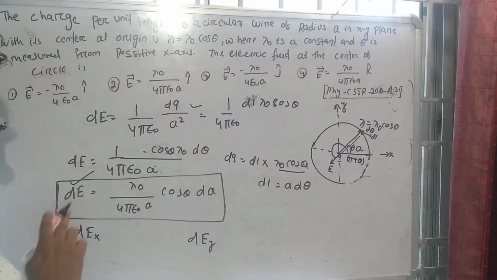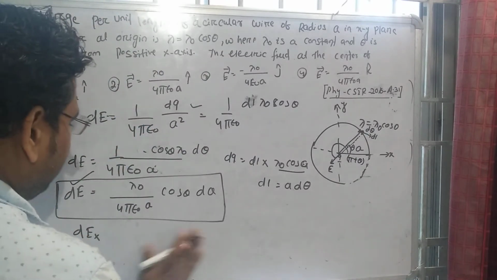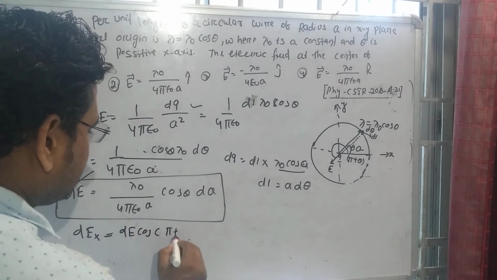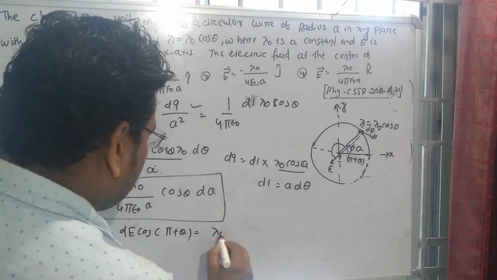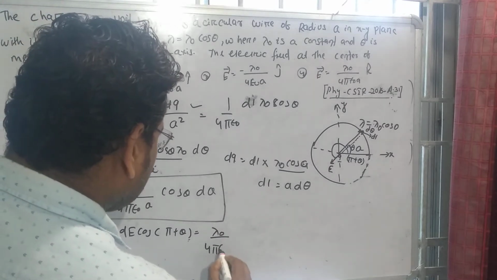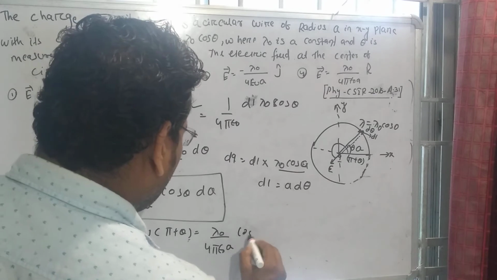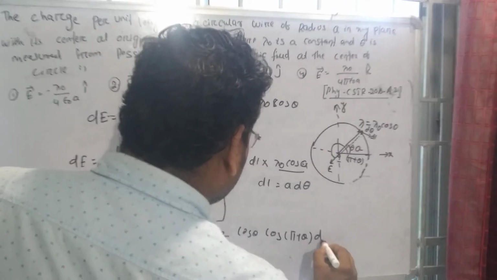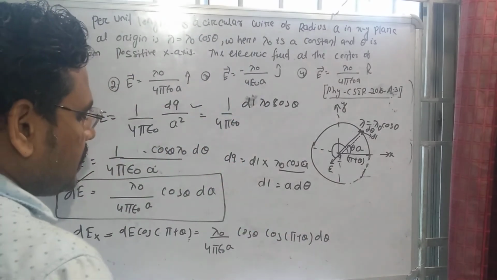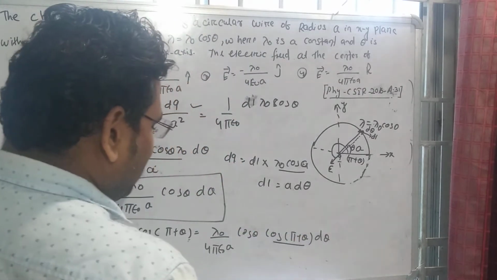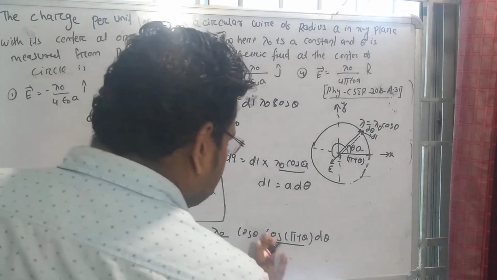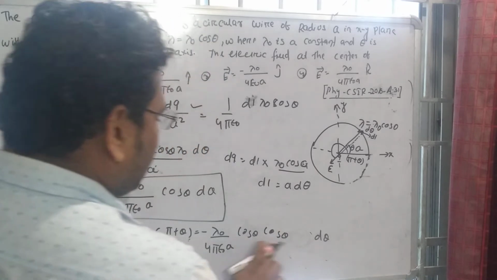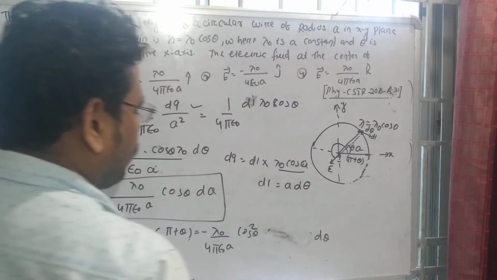So the x component of the electric field will be dE cos(pi plus theta), which is nothing but lambda 0 by 4 pi epsilon 0 a times cos theta cos(pi plus theta) d theta. And we know that cos(pi plus theta) is minus cos theta, so it becomes cos square theta.